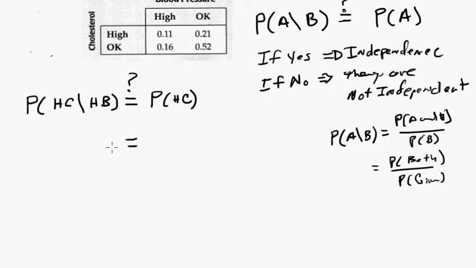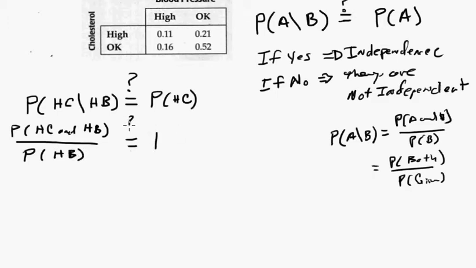So here, this becomes the probability of high cholesterol and high blood pressure divided by the probability of high blood pressure. And we still want to know, is that equal to the probability of high cholesterol?